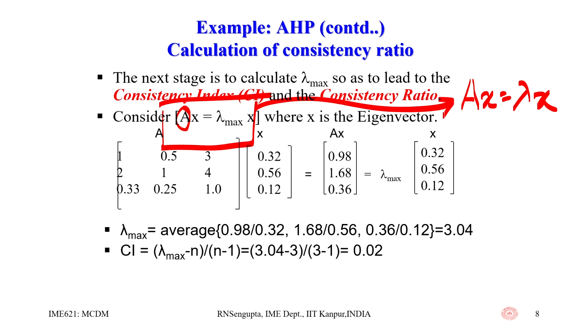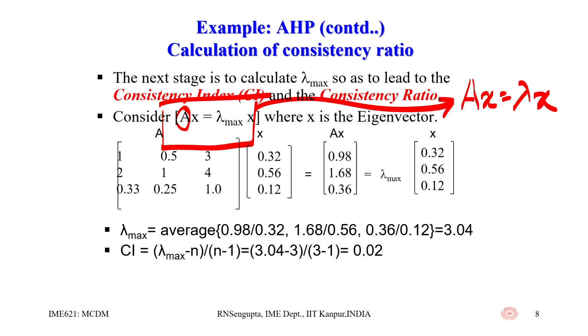very important known equation in basic mathematics, where again I am repeating, A is the matrix of the scores given, and in the scores given, if you remember, the principal diagonal is 1, and the off-diagonal elements are not symmetric. Lambda max is the eigenvalue, and x is the eigenvector.